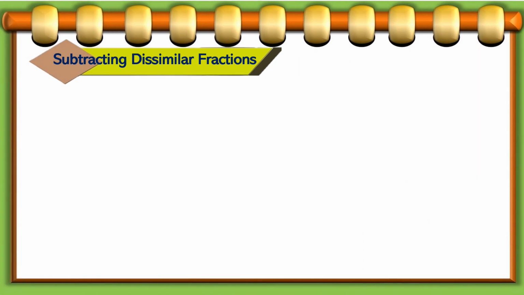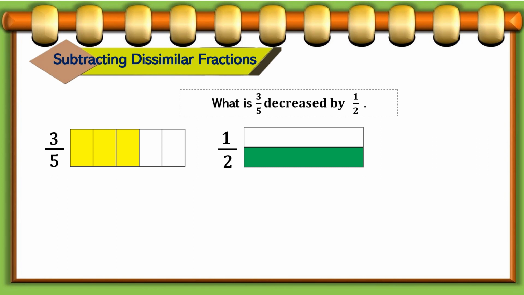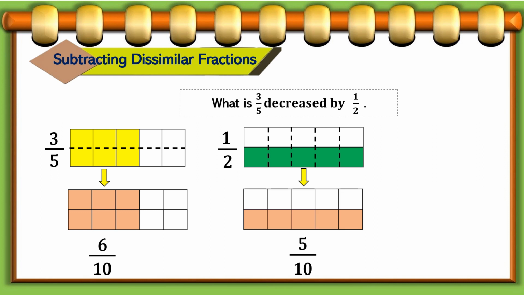Subtracting dissimilar fractions. Example, what is 3/5 decreased by 1/2? Since the two fractions are dissimilar fractions, we need to make them equivalent fractions. By dividing 3/5 into two parts, we have 6 over 10. Then, we're going to divide 1/2 into 5 equal parts. We have 5 over 10.